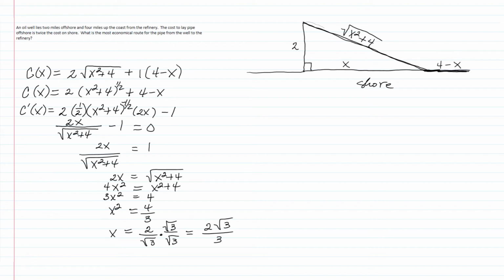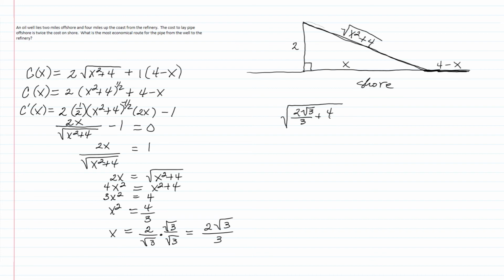Okay. So the amount of pipe that we're going to have to lay offshore, actually, let's talk about the distance of the pipe. So the distance of the pipe offshore is going to be the square root of 2 root 3 over 3 squared plus 4.